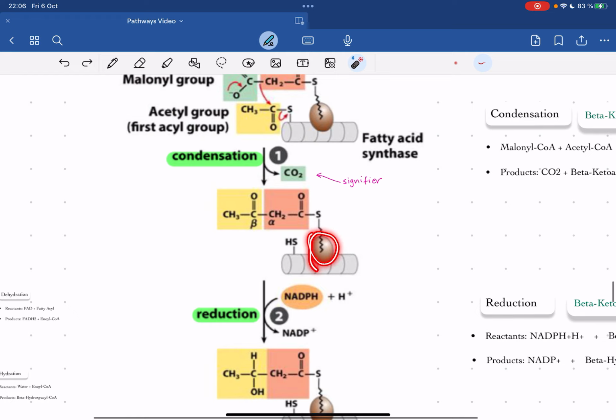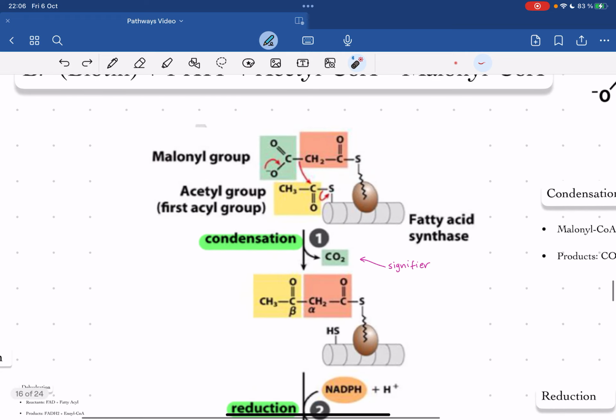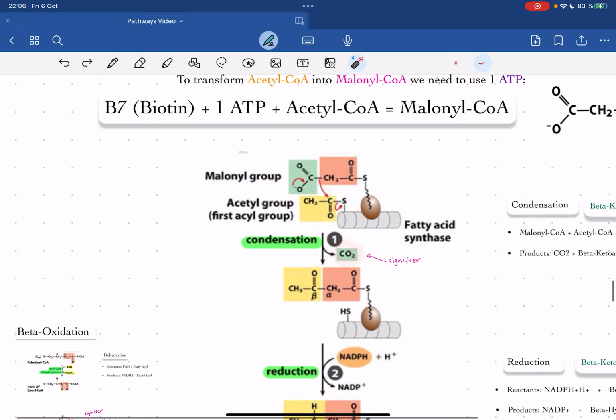An ACP because this little guy is called an ACP. And here we're actually getting rid of a carbon dioxide group, so we are decarboxylating, I think it's called.